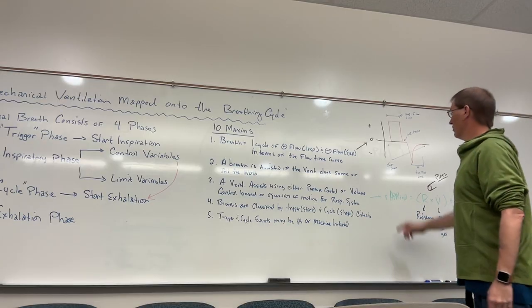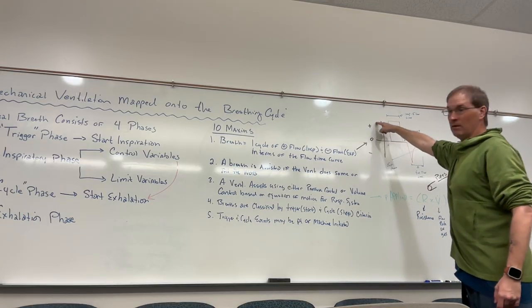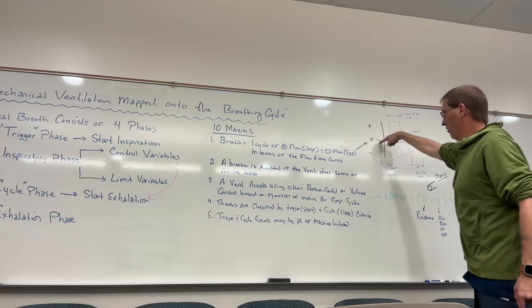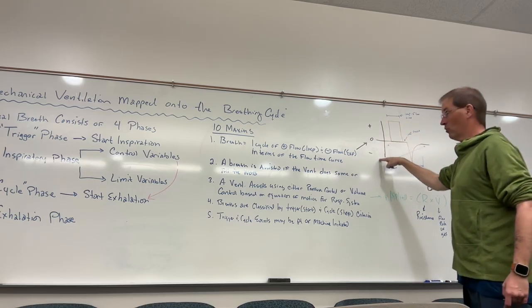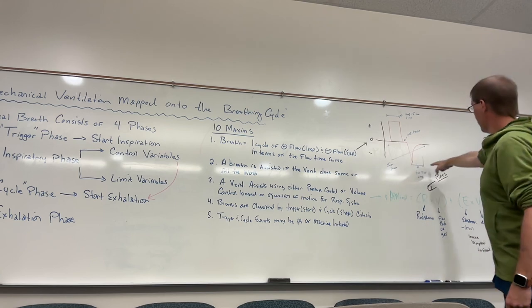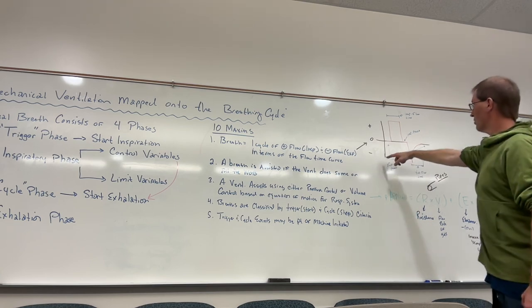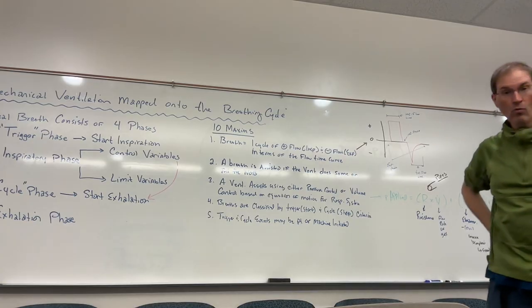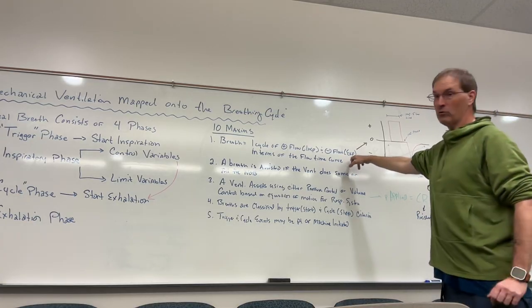If flow goes into the respiratory system, the waveform will go up. That's positive flow. And if air flows out of the respiratory system, it will go down. On the x-axis, you have time. So flow as a function of time is what we are looking at on the flow time curve.